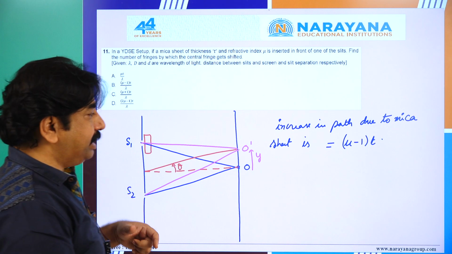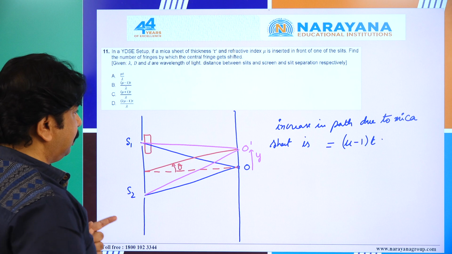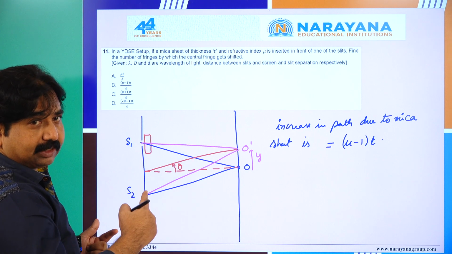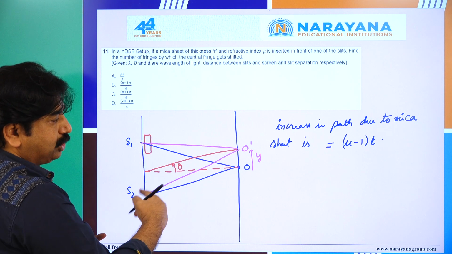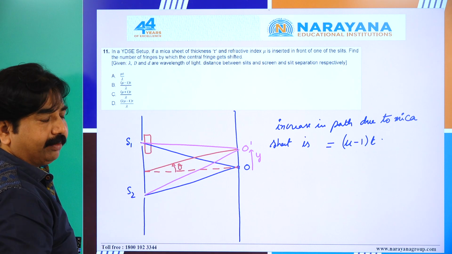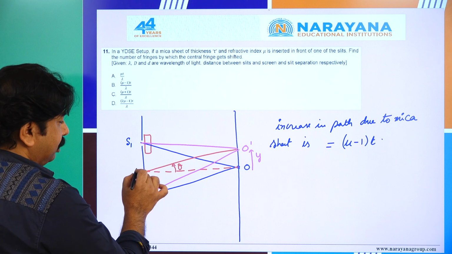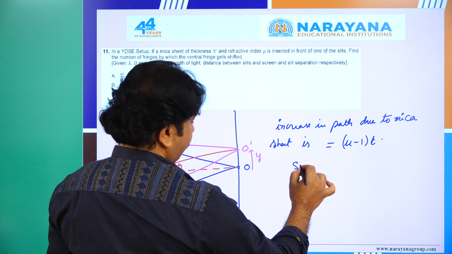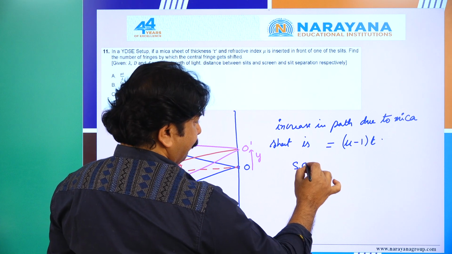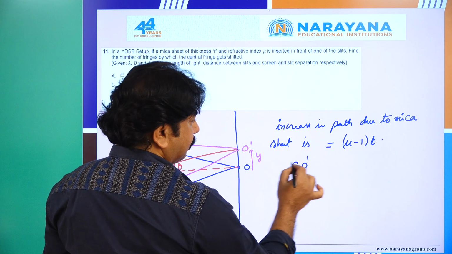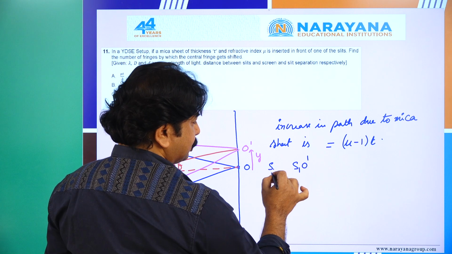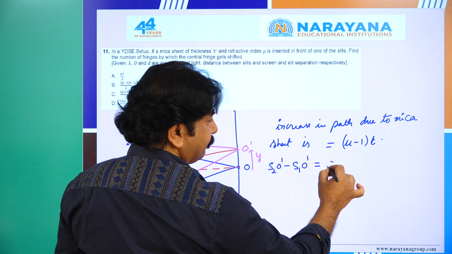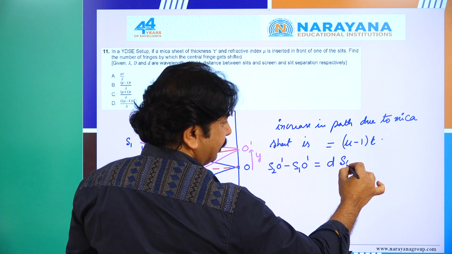But geometrically it is increased. Actually, when we observe S1 O dash and S2 O dash, the geometrical lines are dominating. How? If this distance is d, then S2 O dash minus S1 O dash should be equal to d sine theta only.